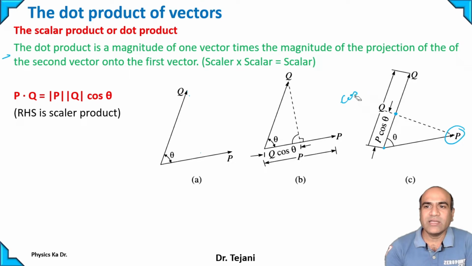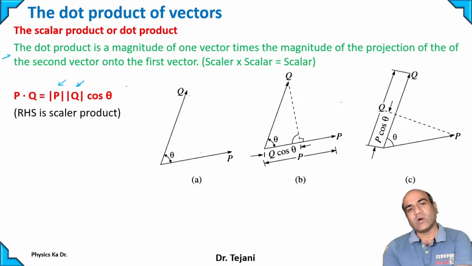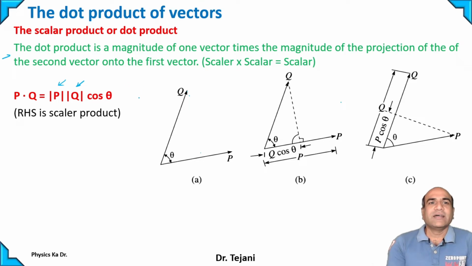Here only magnitudes are taken. Therefore, the final result becomes mod P, mod Q multiplied by cos theta, and therefore the result of dot product is always a scalar product. It does not have any direction. See, no direction. It is not towards P, it is not towards Q.